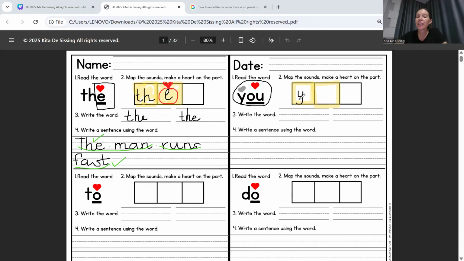You, y. And now for the oo part, this is the part of the word that we've got to be paying attention to. How do we spell the oo in you? We spell it with O and U. That's how we spell the oo in you, O and U. So we're going to put a little heart on top of our spelling over here.